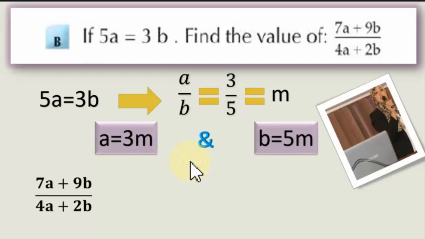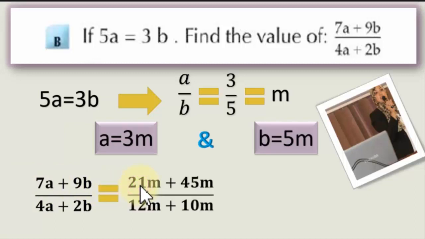Now if we want to calculate the value of (7a plus 9b) over (4a plus 2b), we can say 7 times 3m plus 9 times 5m over 4 times 3m plus 2 times 5m. 7 times 3m equals 21m, 9 times 5m equals 45m, 4 times 3m equals 12m, 2 times 5m equals 10m.